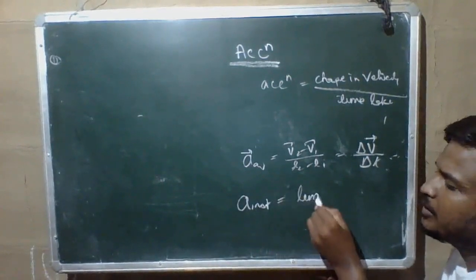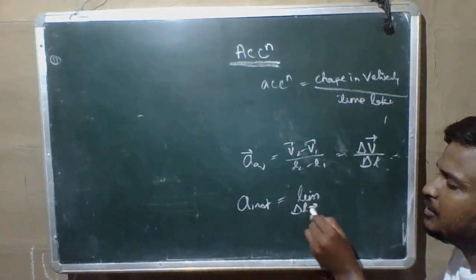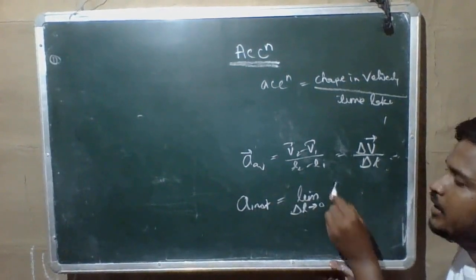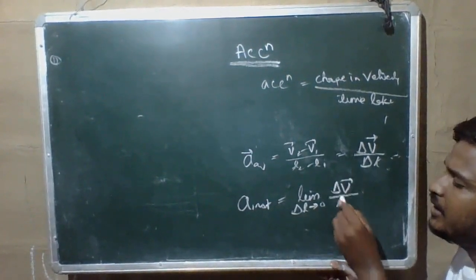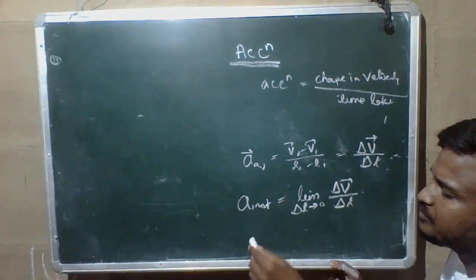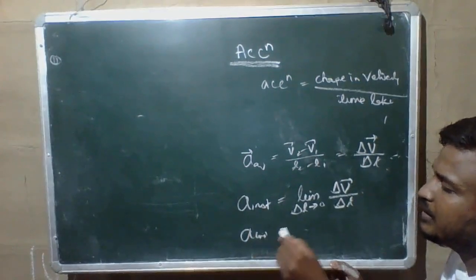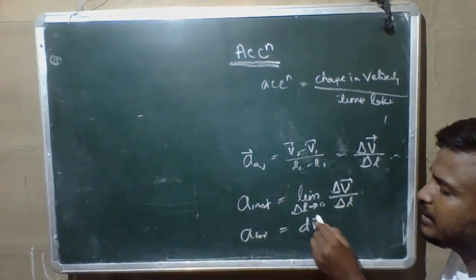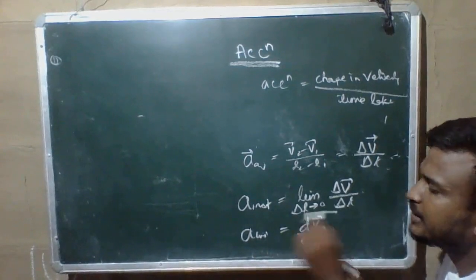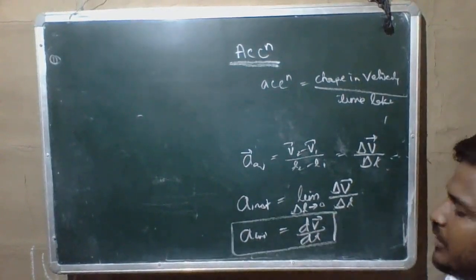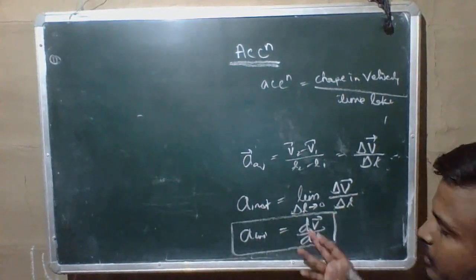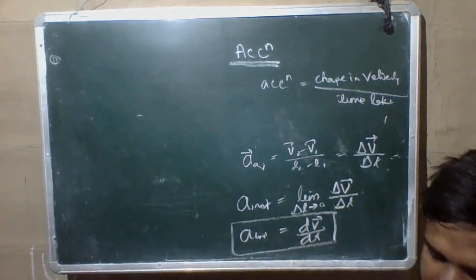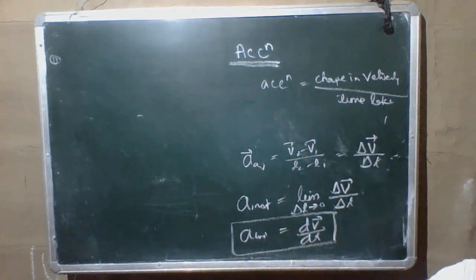You have to put a limit, delta t goes to 0, then only it will lie on a single point. So this will be delta V vector by delta t, which converts to dV vector by dt. So when velocity is given to you, you just differentiate with respect to time, you will get nothing but the acceleration.